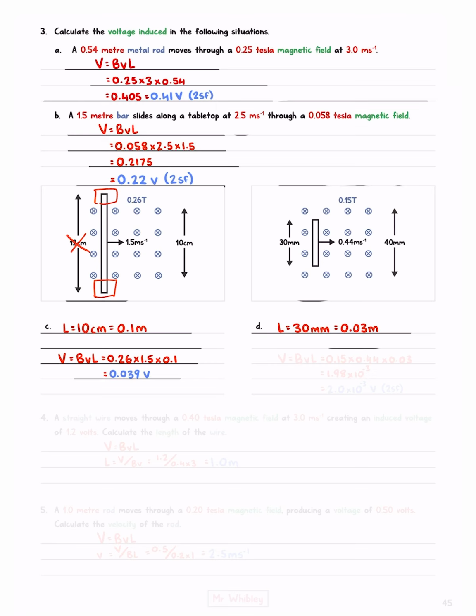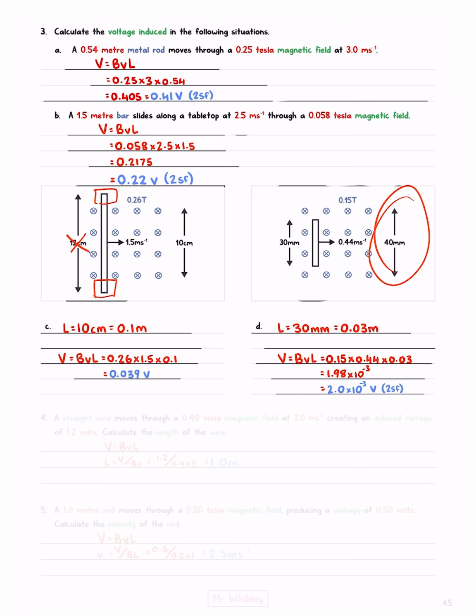We don't use our 40 because we must use the length of the rod in the field, and the length of the rod is not as large as the field. It's smaller. And so once again, V is BVL. We know all three of these things, which gives us 1.98 times 10 to the minus 3, or 2 times 10 to the minus 3 volts to two significant figures.